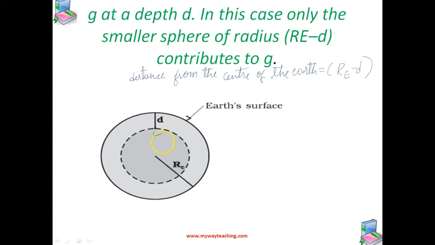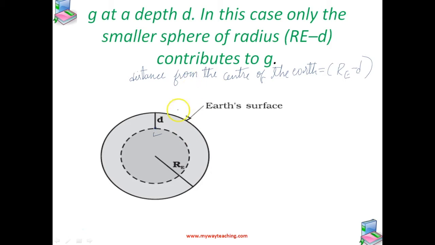As far as the smaller sphere of radius Re minus d is concerned, the point mass is outside it, and hence, according to the result quoted earlier, the force due to this smaller sphere is just as if the entire mass of the sphere is concentrated at the center, isn't it?